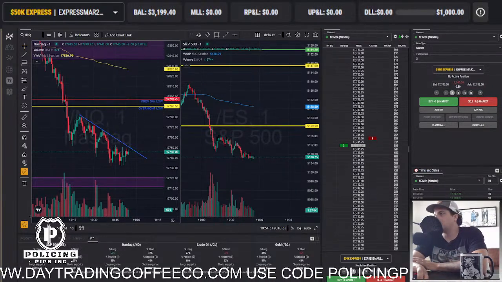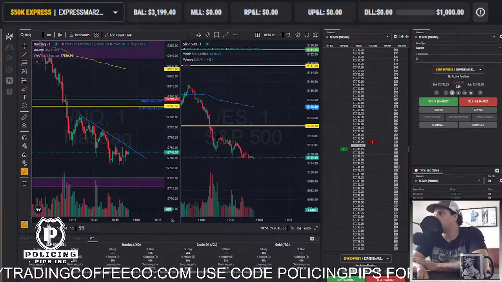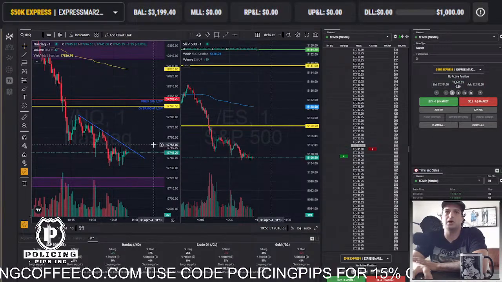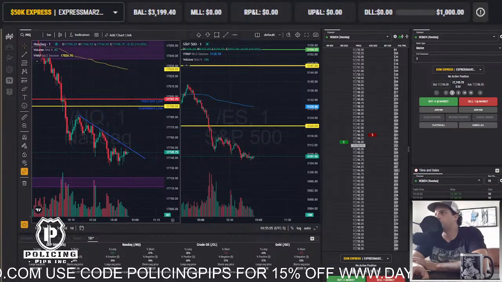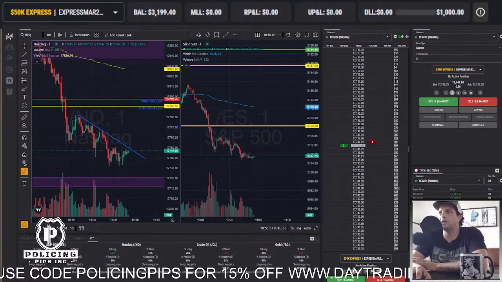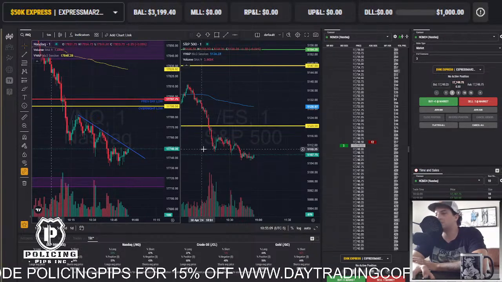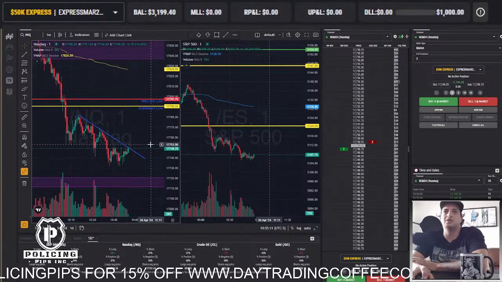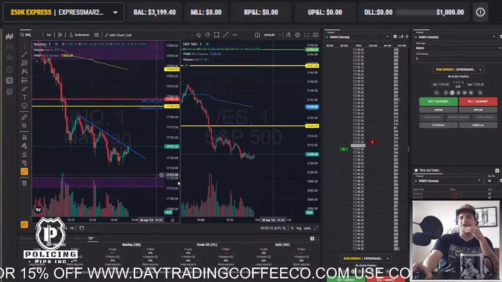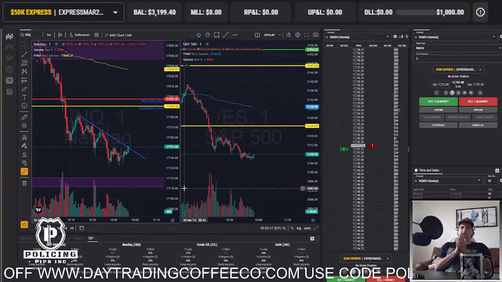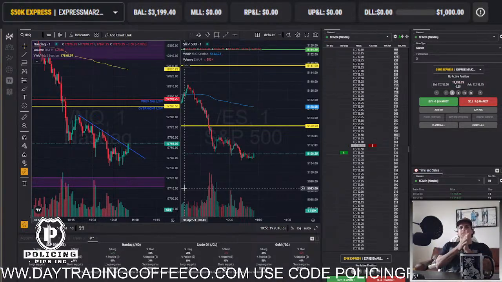I did say that I want to see this 30-minute candle close above 53. So it needs to close up above this 53 level for me to be considering it to possibly turn around here. If the 30-minute candle closes, the hourly candle closes down here below that 53, then that potentially could lead to continuation. But right now I got 5 minutes. I can't execute right here. It's going to probably pop off and I'm going to miss it, but it's okay.